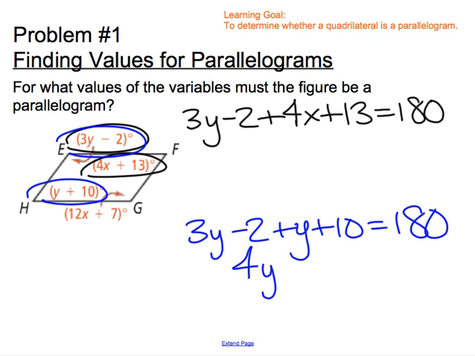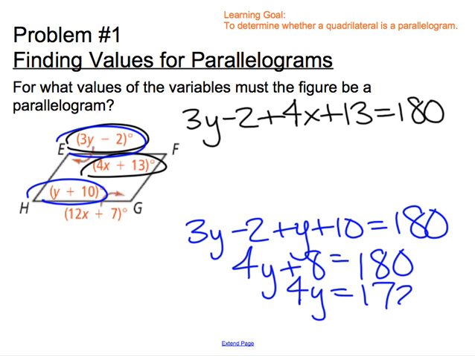So we can solve this for y. 4y plus 8 equals 180. Subtracting 8 from both sides, we get 4y equals 172, and therefore y equals 43.